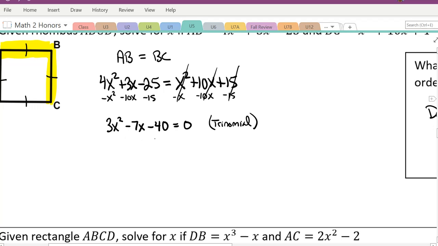And so we're going to need to split up that negative 7x, that middle term, so that the sum of the two terms we come up with will add up to negative 7x. And our product of those two terms is going to be whatever 3x squared times negative 40 is, which is negative 120x squared.